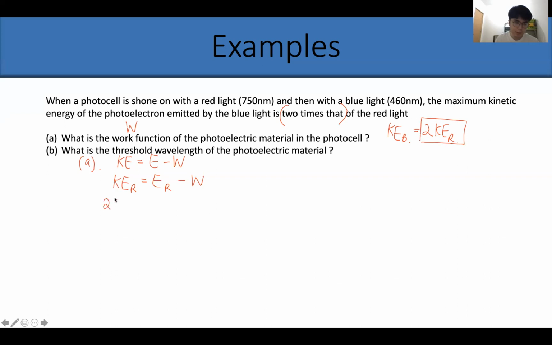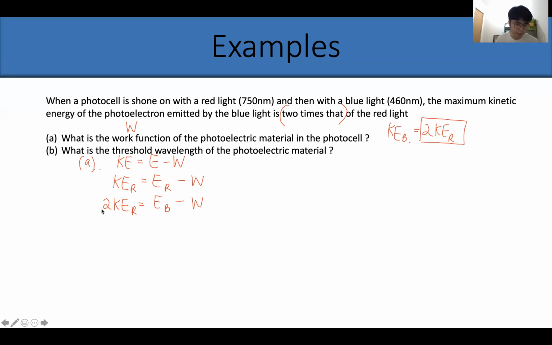So I'll just write 2 KE red equals the energy from the blue light minus W. The W is the same, right? So I'll just leave it the same like this, okay, because they are shone on the same material. So that is my equation 1, equation 2.